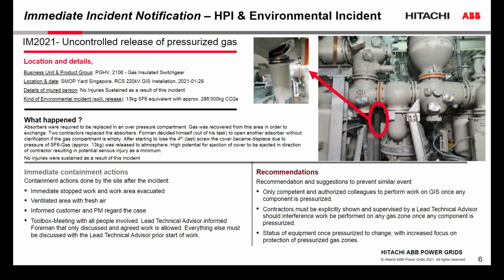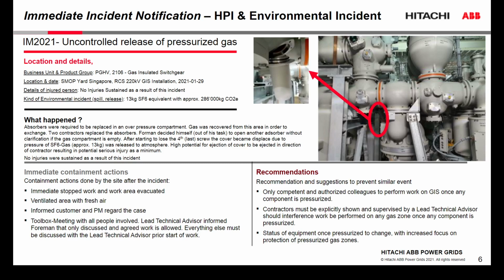The takeaway from this incident is to absolutely communicate each and every step with all personnel on site. Make sure only trained and certified personnel operate the equipment, as it should be for each and every substation, whether conventional or GIS, and make sure that you have clear working processes in place.